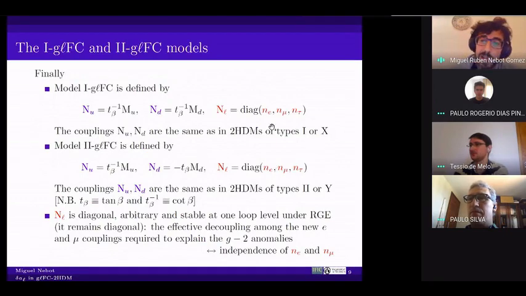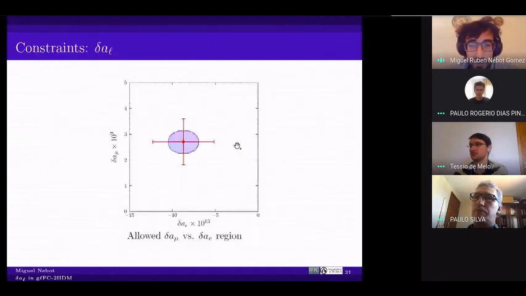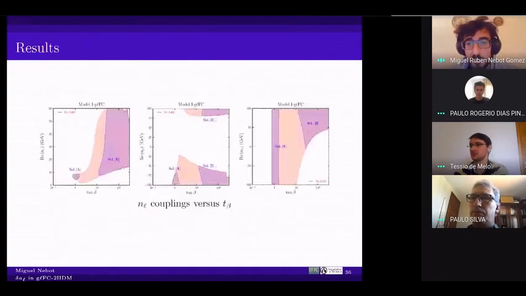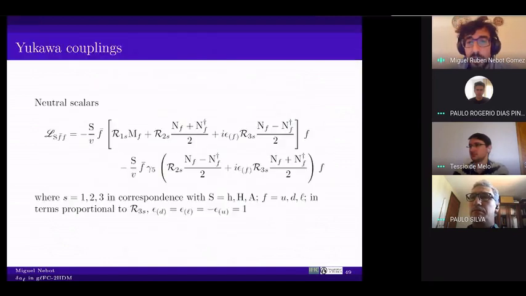Let me go to my backup slides, because in full generality your Yukawa couplings look this way. This is the mixing matrix of the scalars, and when you have your full mixing matrix and those matrices are in general complex, you will have scalar and also pseudoscalar couplings. So this is a sign of CP violation.